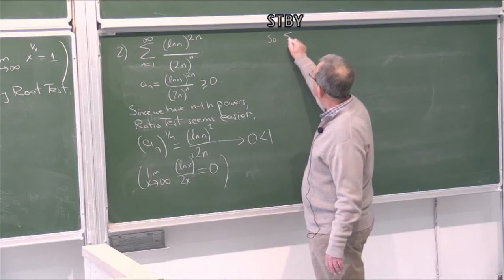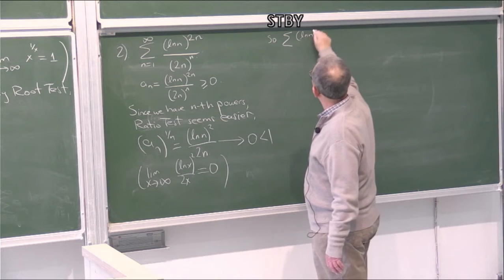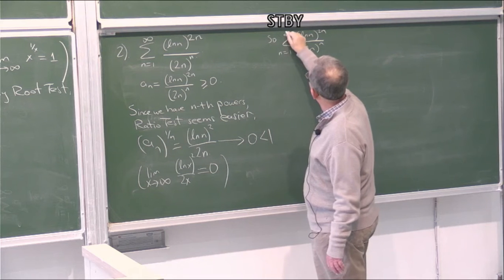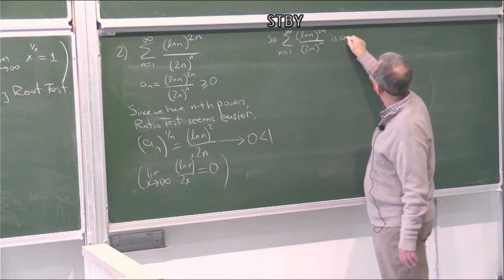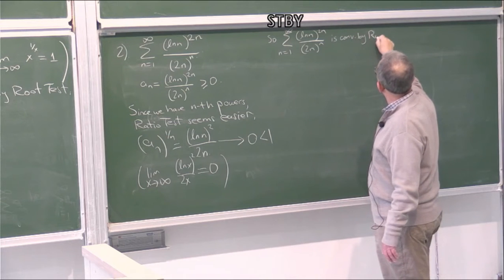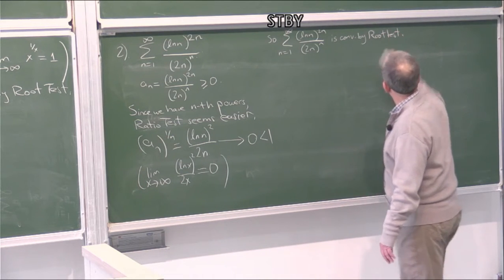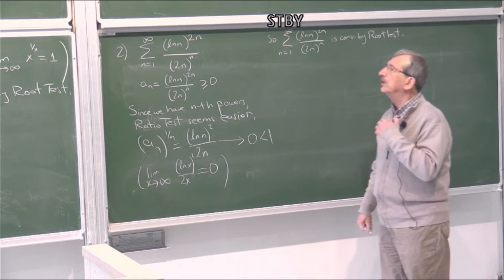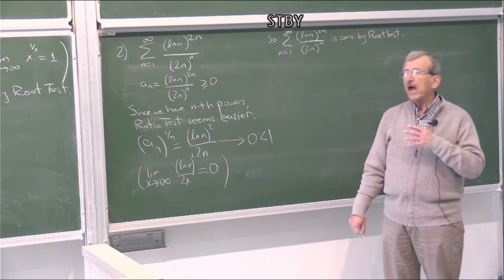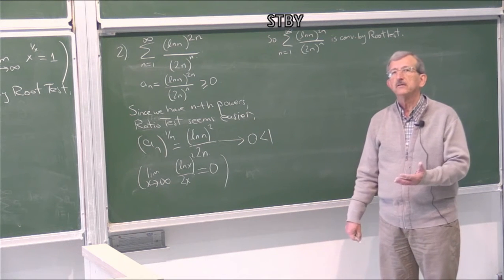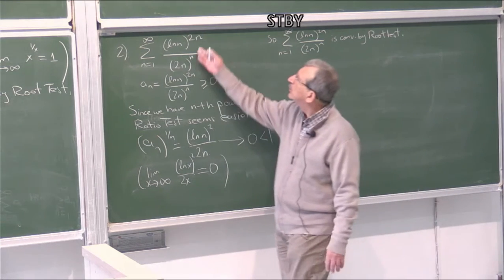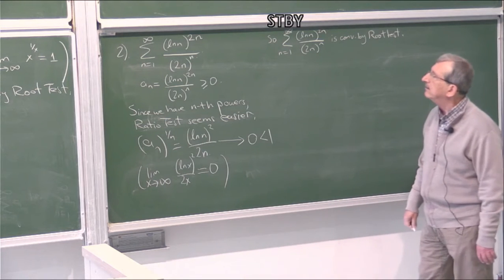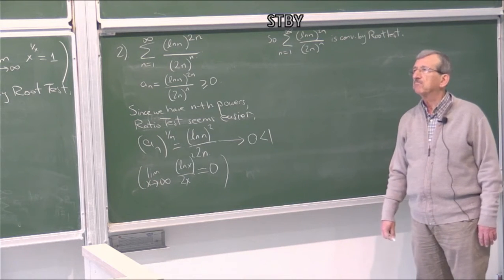So the series converges by the root test. So, because we take the nth root in the root test, if we have a lot of nth powers in the terms of the expression for a_n, the root test seems to be easier.